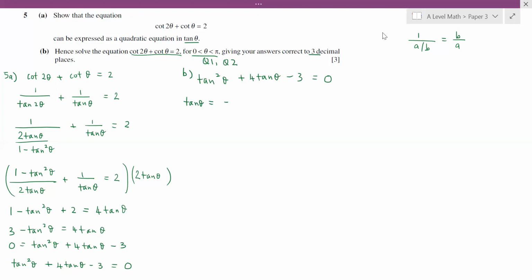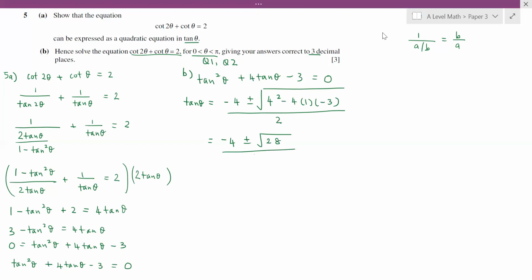Tangent theta is negative 4 plus or minus the square root of 4 squared minus 4 times 1 times negative 3 for 4AC, all over 2a. Since a is 1, we just divide by 2. Negative 4 plus or minus the square root of 16 plus 12, which is 28, over 2.